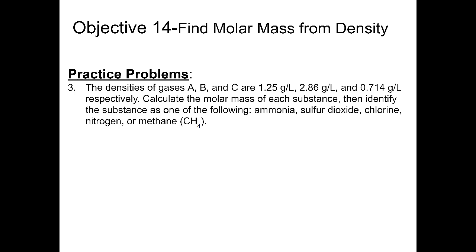This ends up giving us 17.0, and 16 is kind of close, but I would like to wait a minute and see if we can get something even closer to 16 before assigning ammonia to C. So 17.0 grams per mole.